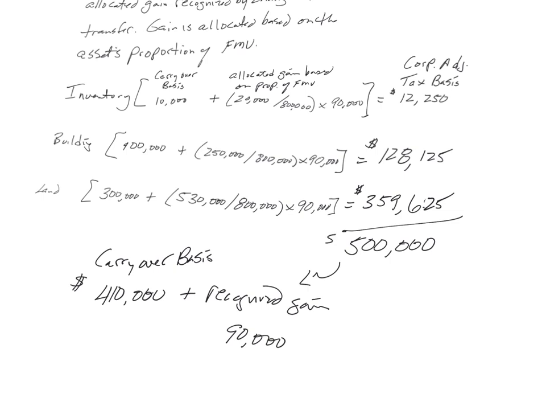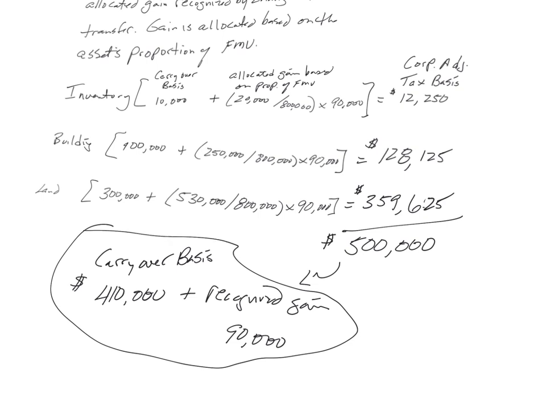So that's your sanity check, all right? So this is a great sanity check of the total value of your tax basis and assets. Now, obviously, you need to separate that out. You got to do the allocation by asset, but it's a good sanity check.